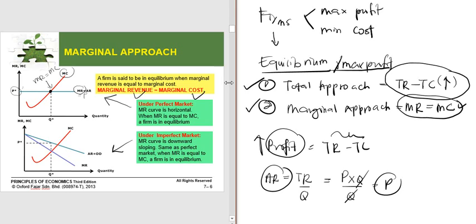So this is the point of equilibrium. This is the equilibrium price and this is the equilibrium quantity, meaning the firm in the perfect market must sell at this quantity and this price level to get equilibrium or maximum profit.